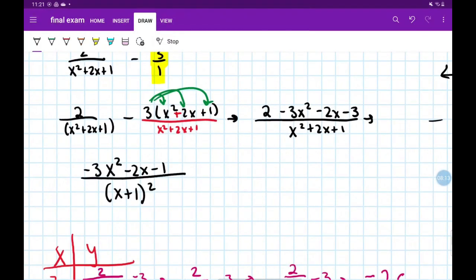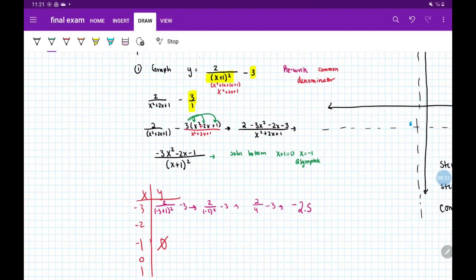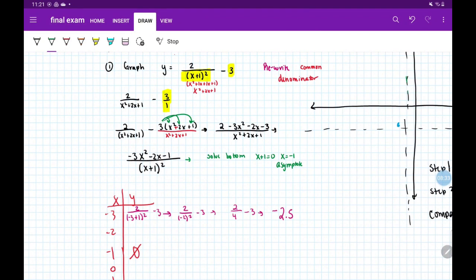So the first step is to solve the bottom. So that gives us negative 1. That's an asymptote. So here's a dashed line at x equals negative 1.